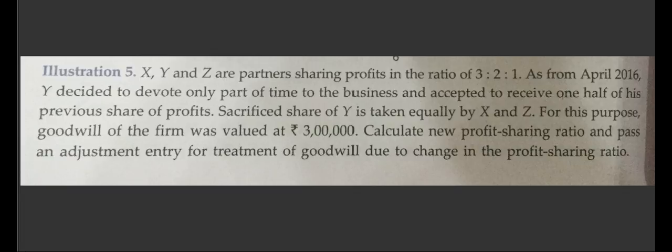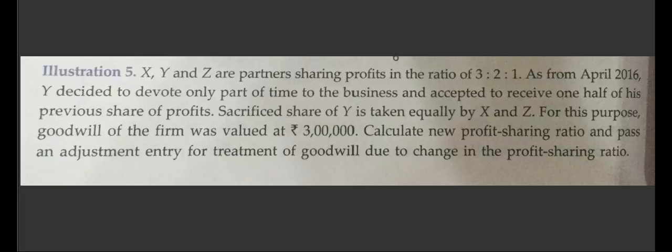That means Y decided that he will devote only some part of his time in the business. For that, he has agreed to give up some part of his share of profit in favor of X and Z.